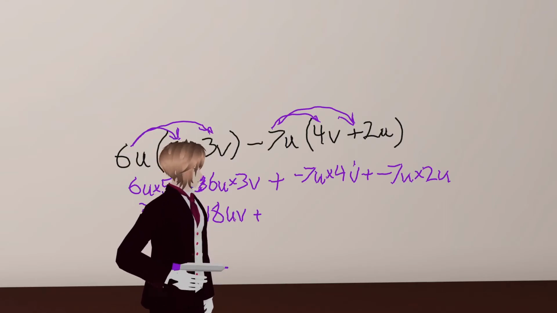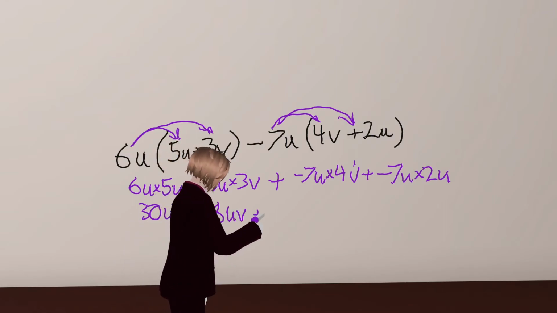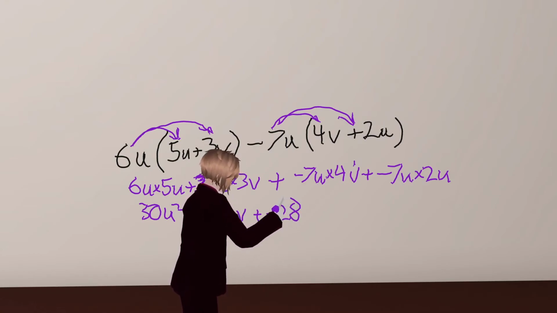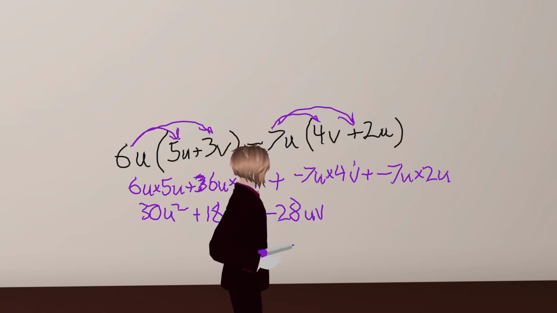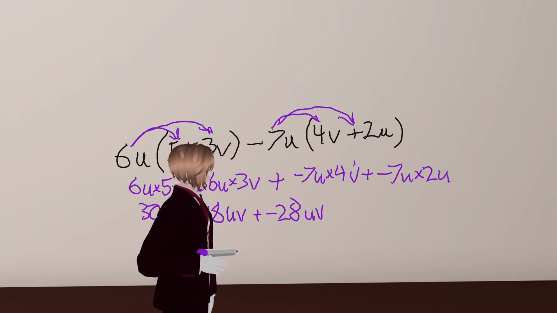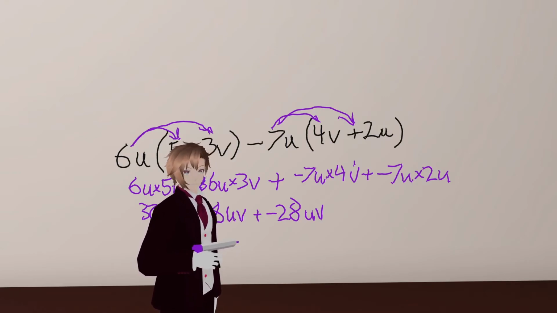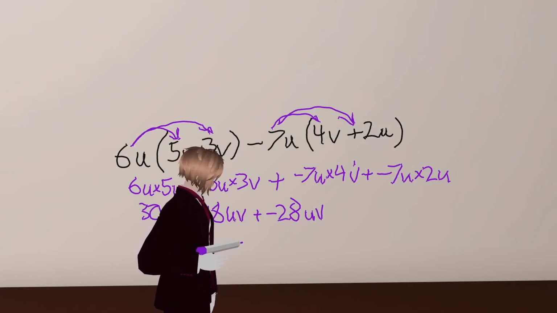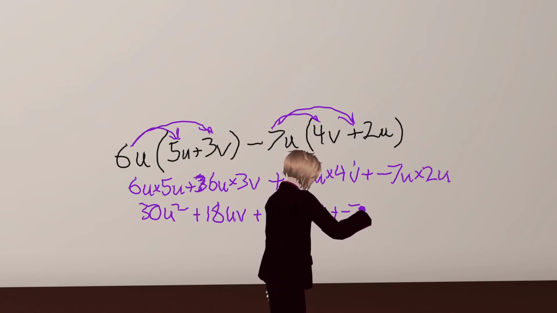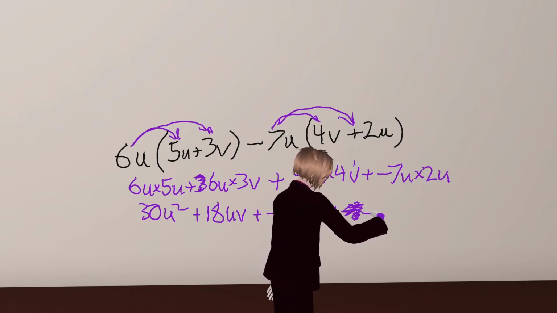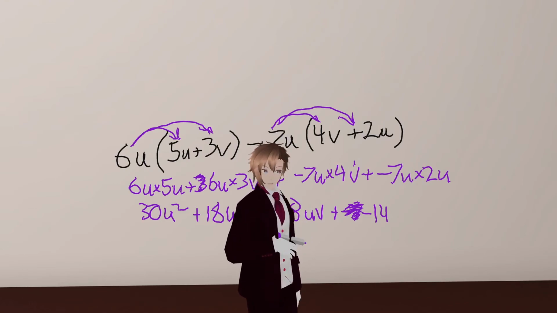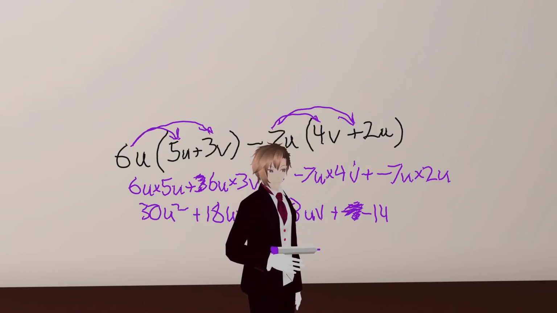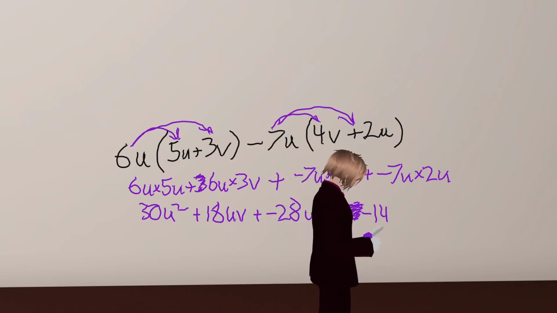Minus 7 times 4 is negative 28. We have u times v. Lastly, we have negative 7 times 2. This should be negative 14. 7 times 2 is 14, and we have a negative. Then u times u is u squared.